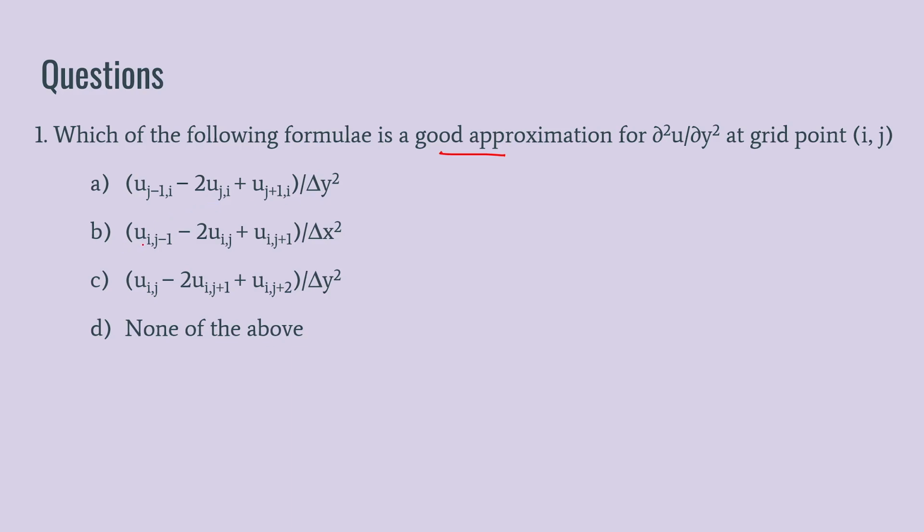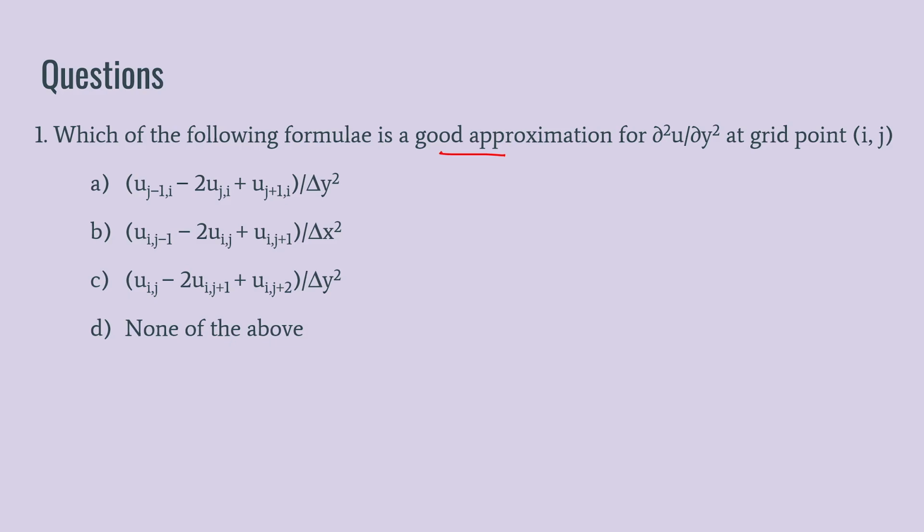Option B: u at i,j-1 minus 2 times u at i,j plus u at i,j+1, the whole divided by Δx².